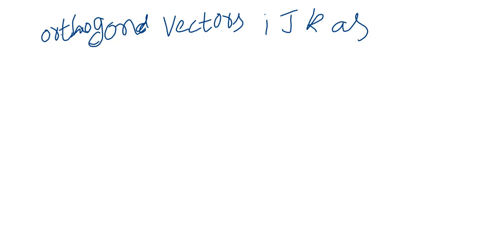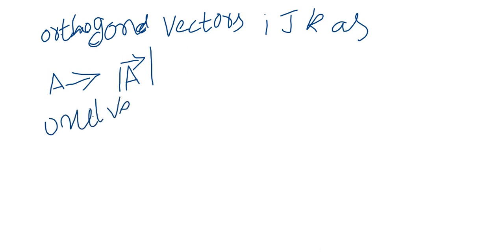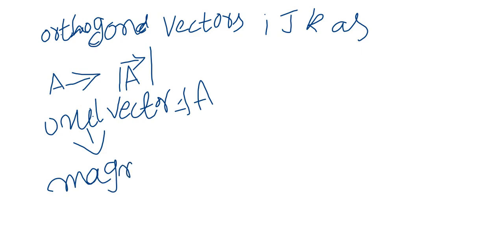If A is a vector, and its magnitude is modulus of A bar, find out the unit vector of A. Unit vector means its magnitude is 1.